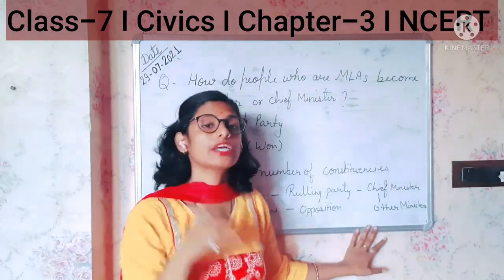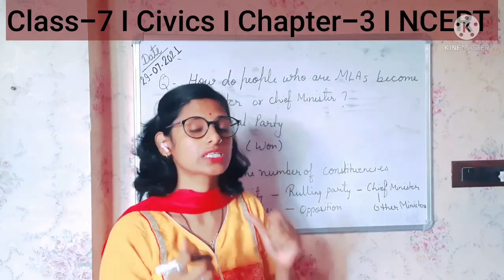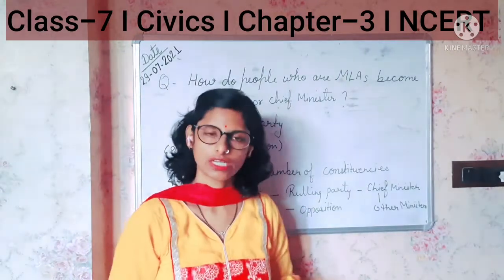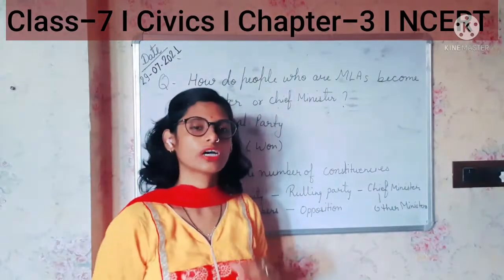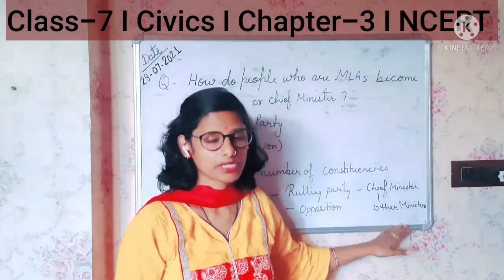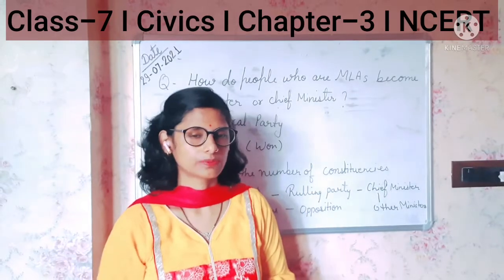The leader of the majority party who enjoys the confidence of the state assembly is appointed as the chief minister by the governor, and the chief minister along with the governor appoints the other ministers. Like this they run the government.